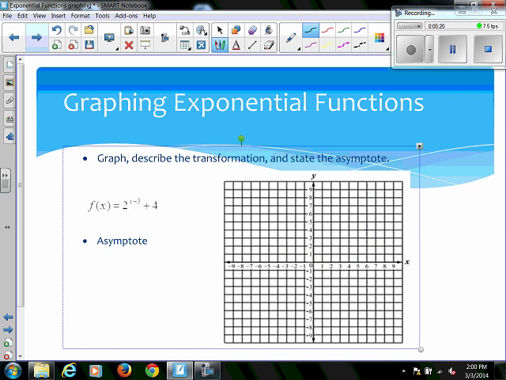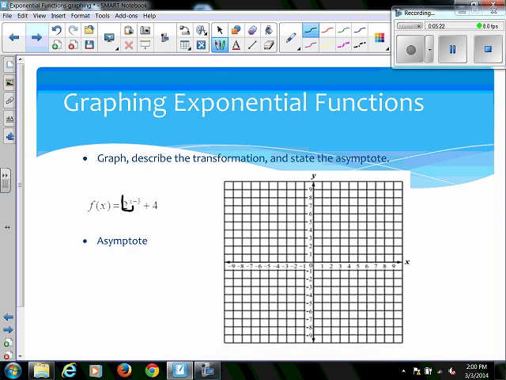First thing I'm going to do is just graph 2^x. So my b is 2. So I got (0, 1), (1, 2), (-1, 1/2). My asymptote is y = 0.